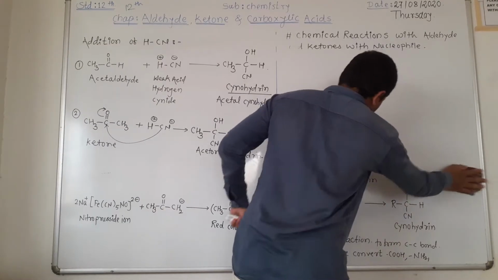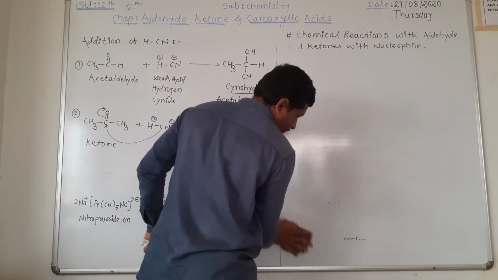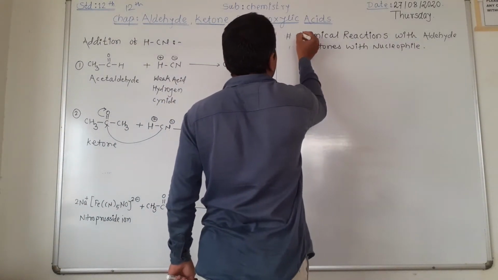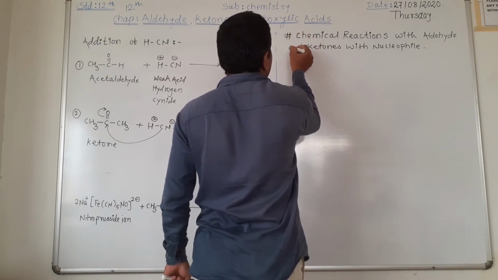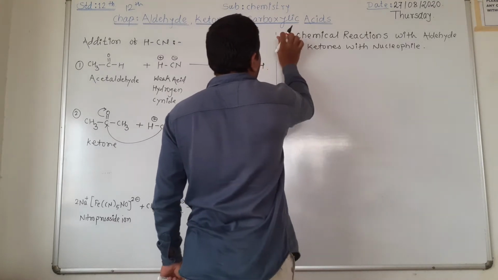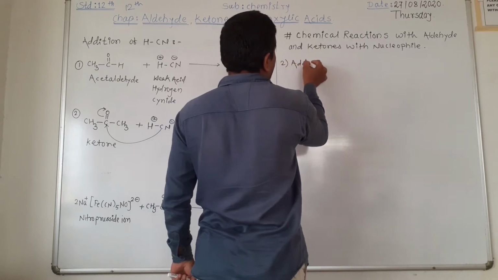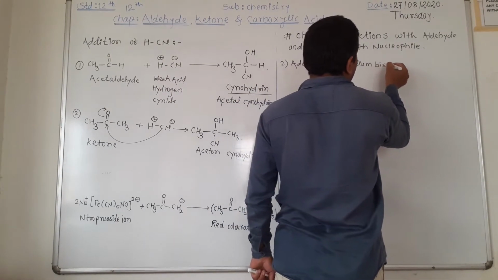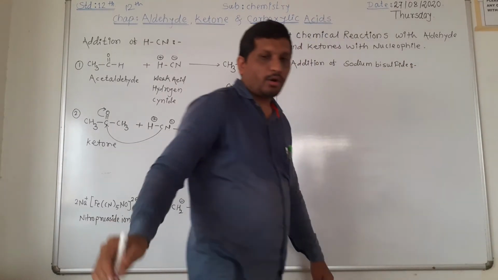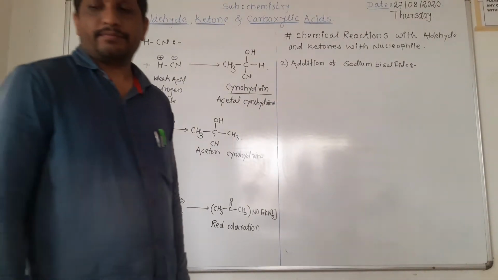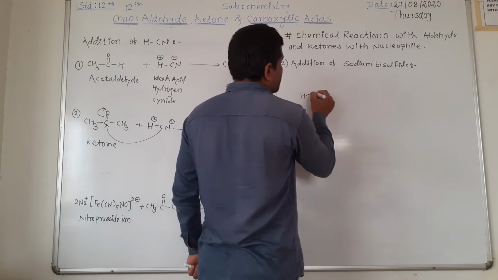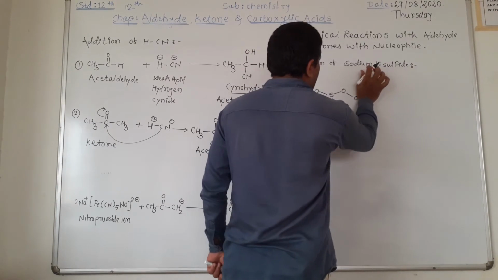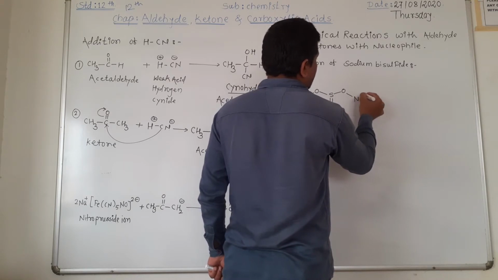Here is the second reaction, the addition of sodium bisulfite, and this sodium bisulfite is shown in this way: sodium bisulfite, Na plus O minus.